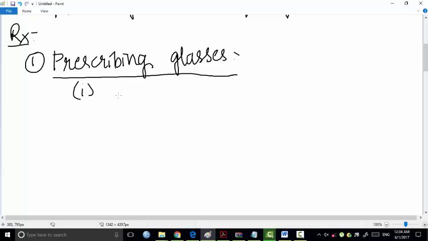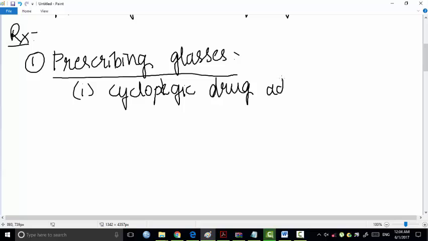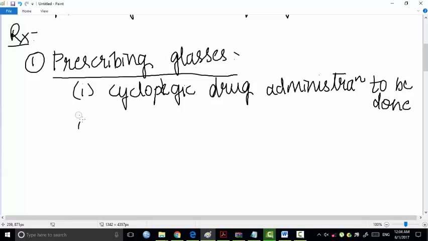So 1. Cycloplegic drug administration to be done, right? Only and only then we will know the correct readings, because in most of our cases the ciliary muscle tries to accommodate and does not cause any symptoms, especially any blurring of vision in the earlier stages.